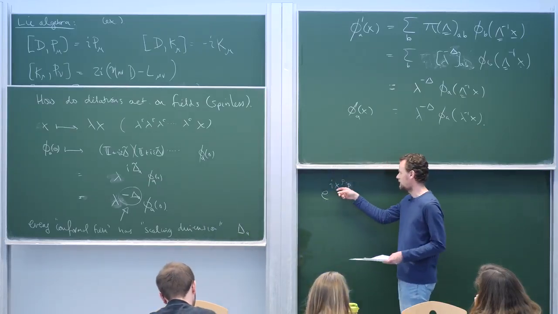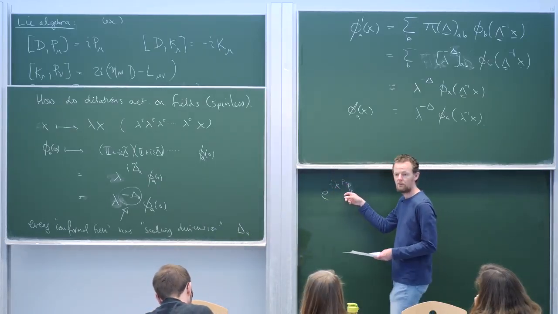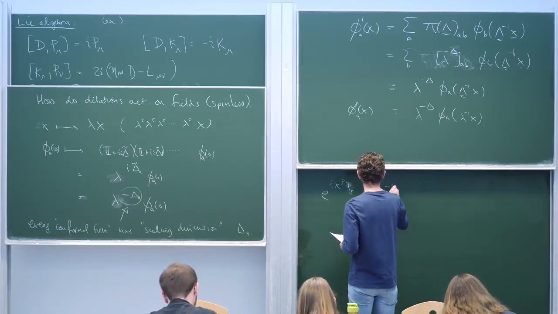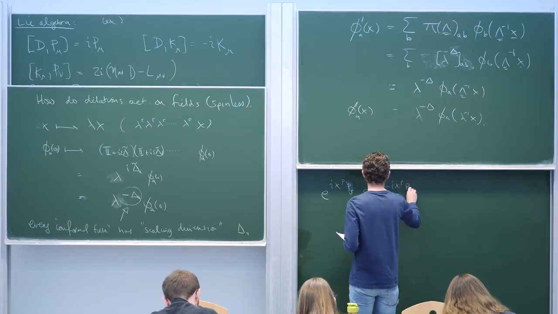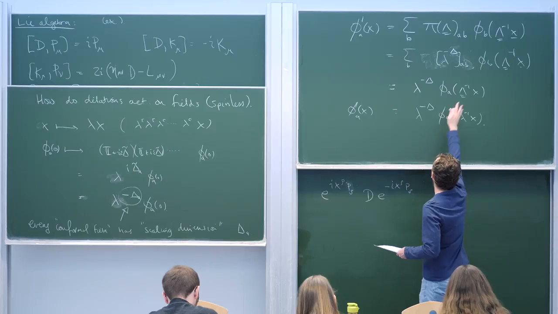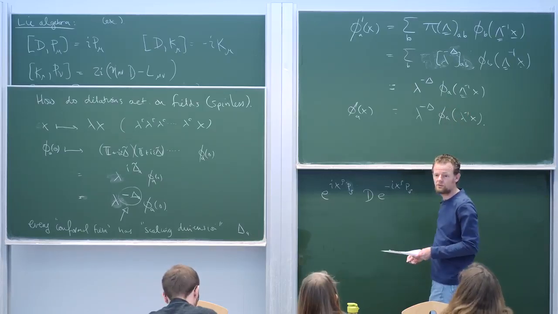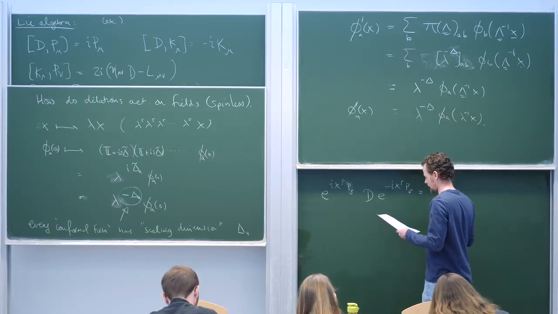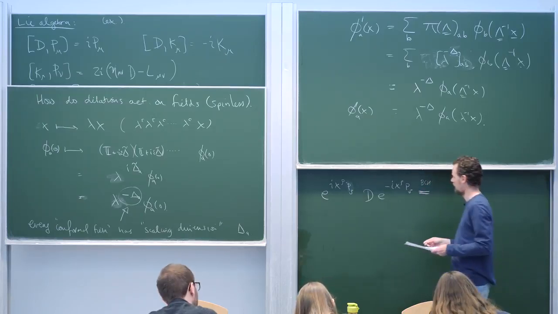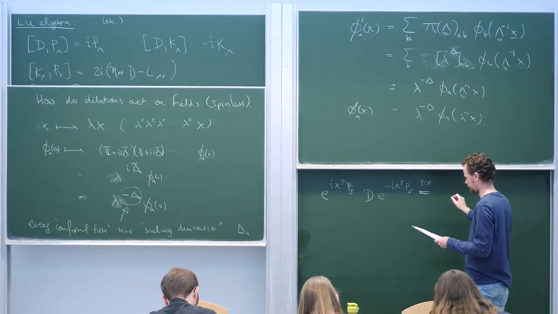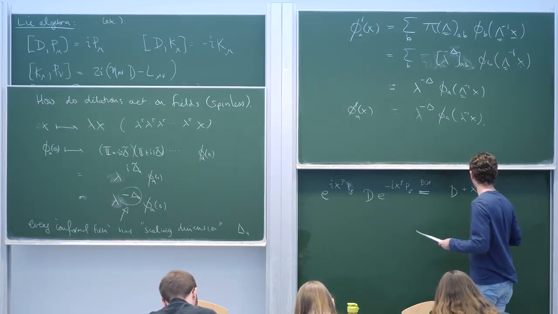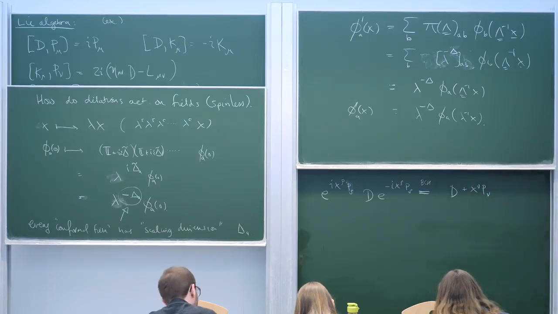A translation is e to the i x rho p rho. And then we might wonder, how does a translation act on the generator itself? That will allow us to pull out a translation overall up there. And you use the Baker-Campbell-Hausdorff formula right here to learn that that equals that.